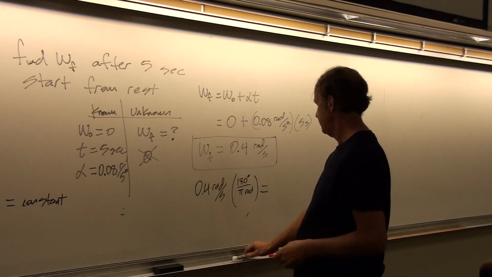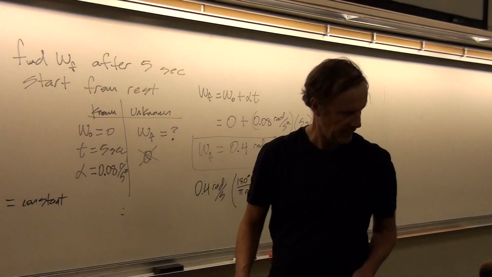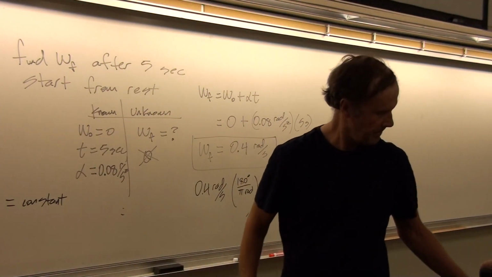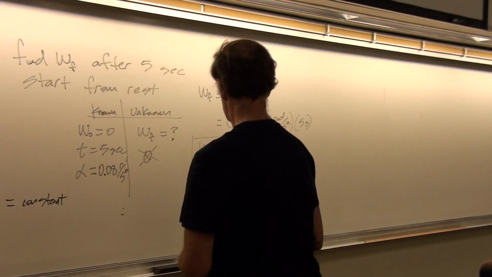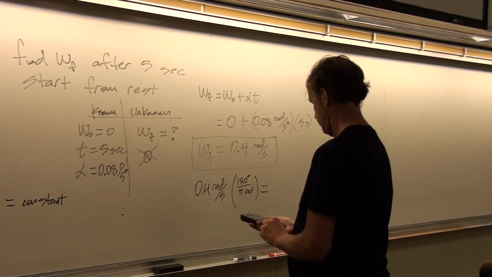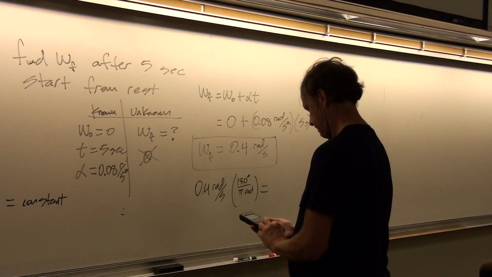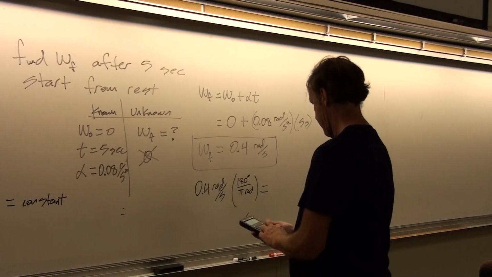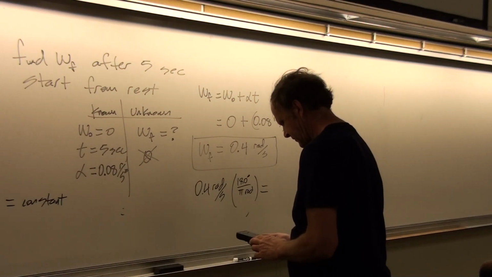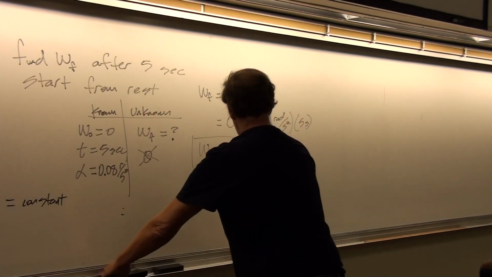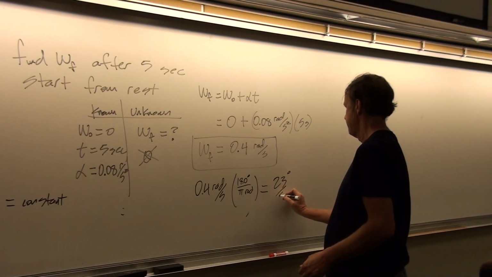So it's going to be 0.4 divided by pi times 180. And so that gives us 23 degrees per second.